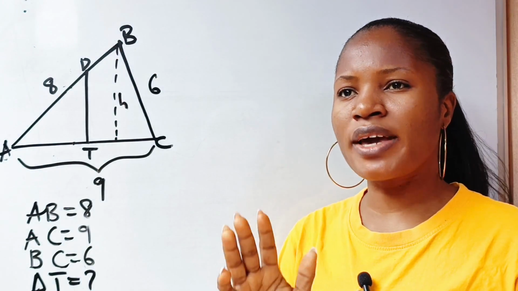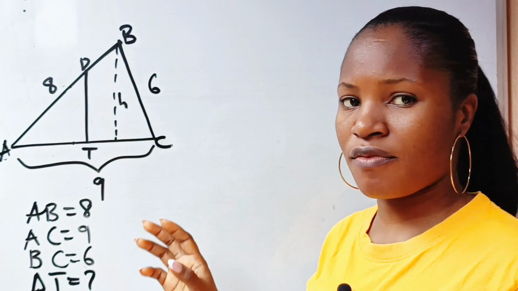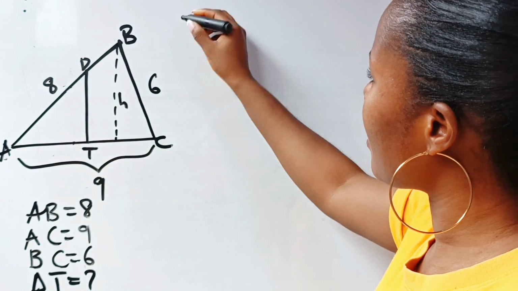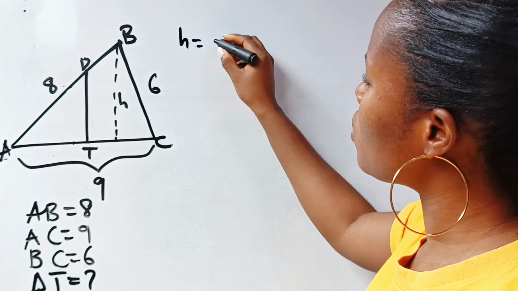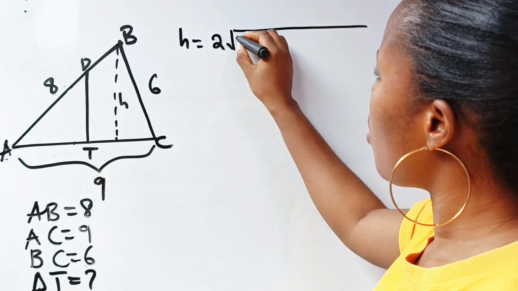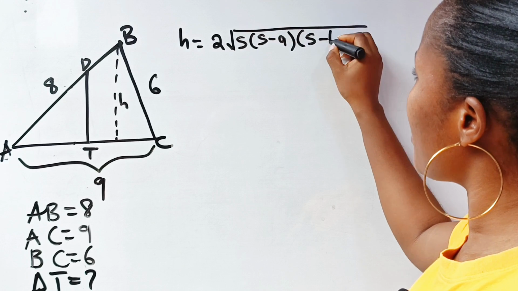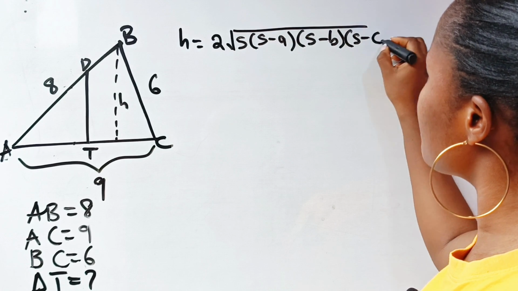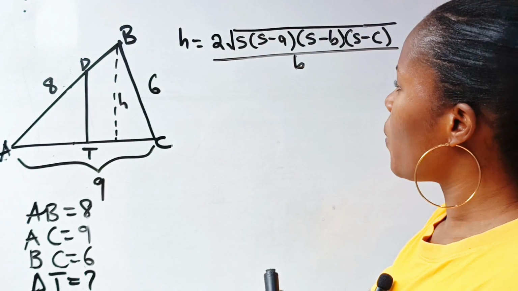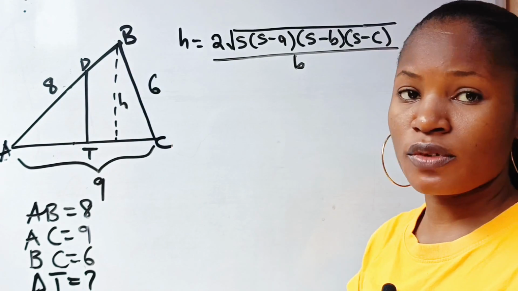To get the height of a triangle whose three sides are given, the height will be equal to 2 multiplied by the square root of s(s minus a)(s minus b)(s minus c), everything divided by b, whereby b is the side that is perpendicular to the height of the triangle.